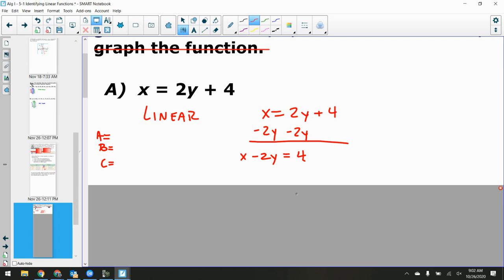Right now, we're just identifying them to know what they are. So what is my a value? Well, what number is in front of x? 1. When there's no coefficient, remember that it's just a 1 coefficient. What's my b value then? Negative 2. And my c value? 4.